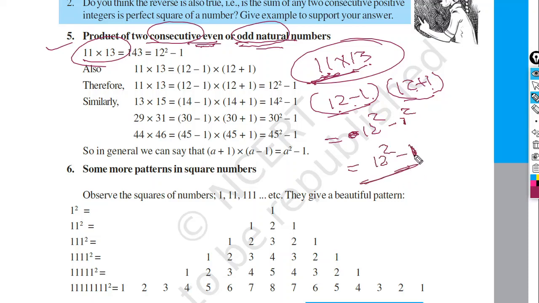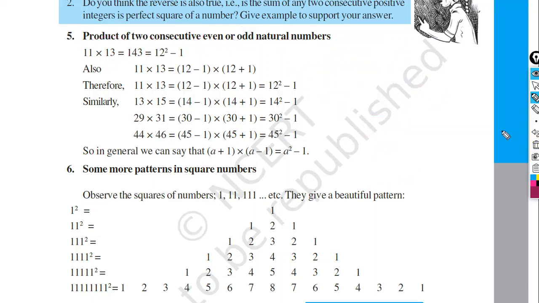Okay. Similarly, we will write another number. Suppose consecutive even numbers, we will write 14 and 16. 14 into 16, we will write as 15 minus 1 into 15 plus 1, which equals a minus b into a plus b.